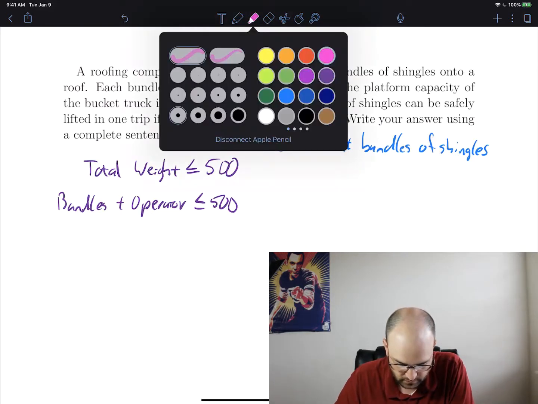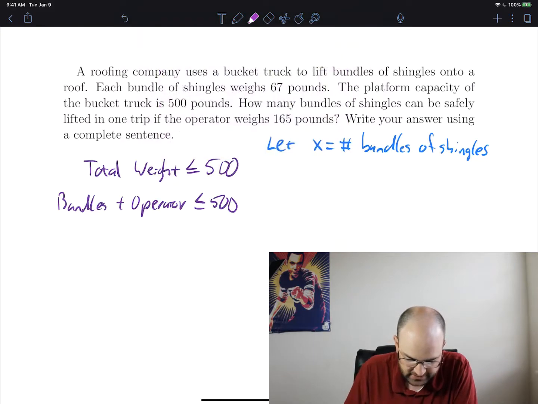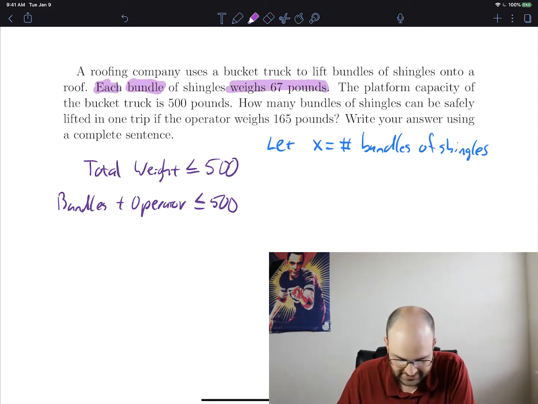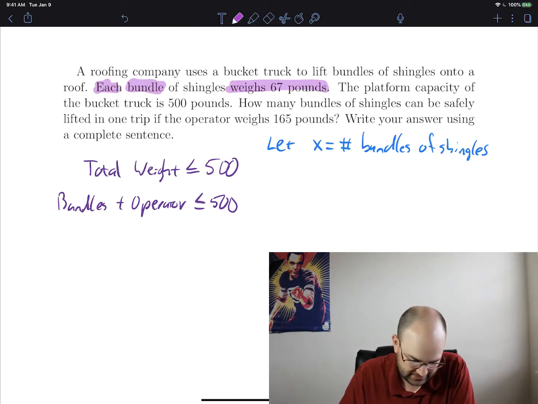Well, looking at this, I notice that each bundle weighs 67 pounds. If that's the case, and there are x bundles of shingles, that means the total weight from shingles would be 67x.